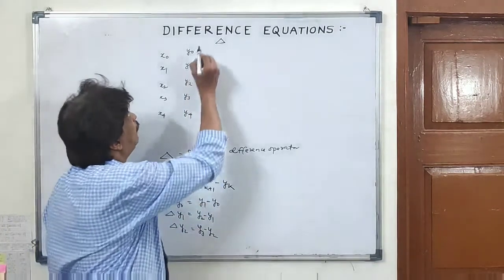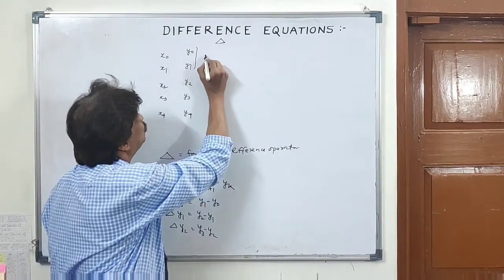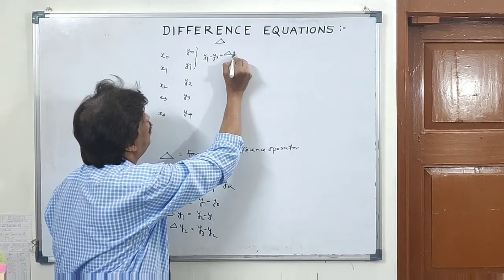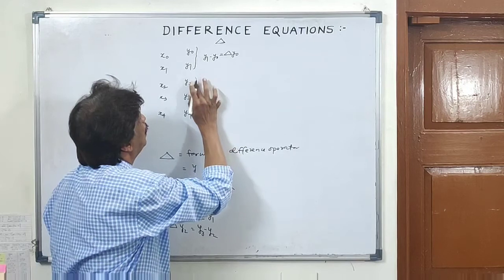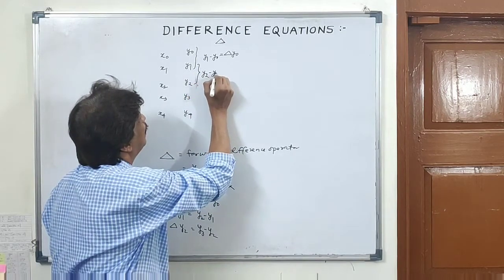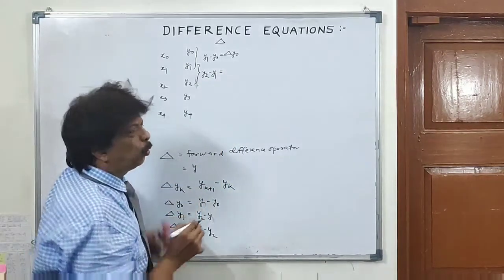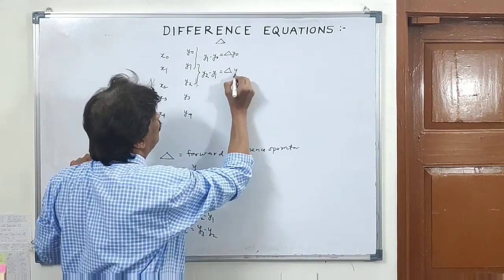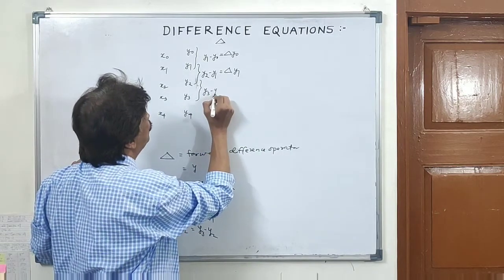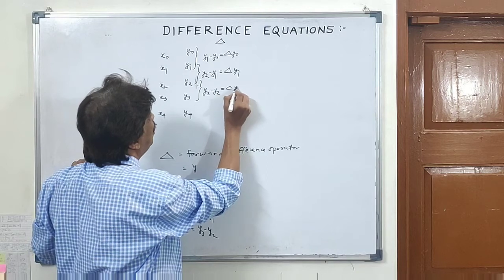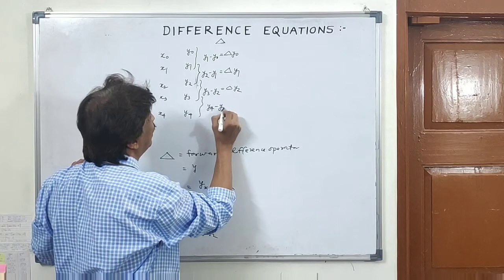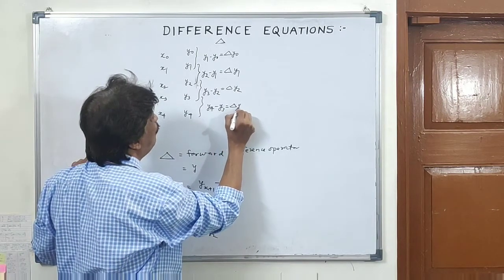So this difference y1 minus y0 is called the forward delta of y0. y2 minus y1 is equal to forward delta of y1. y3 minus y2 is forward delta of y2. y4 minus y3 is forward delta of y3.